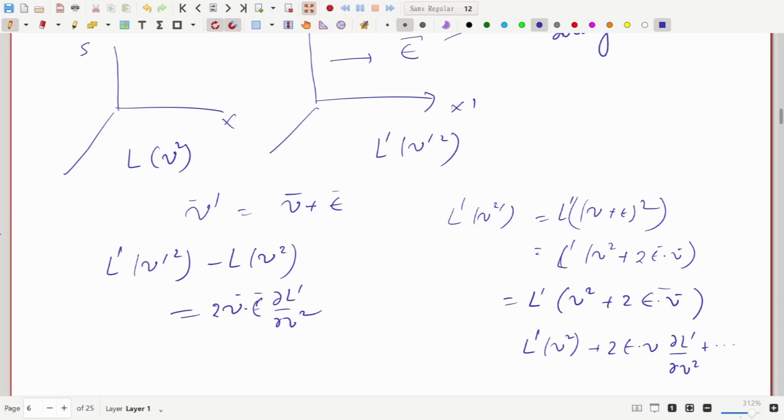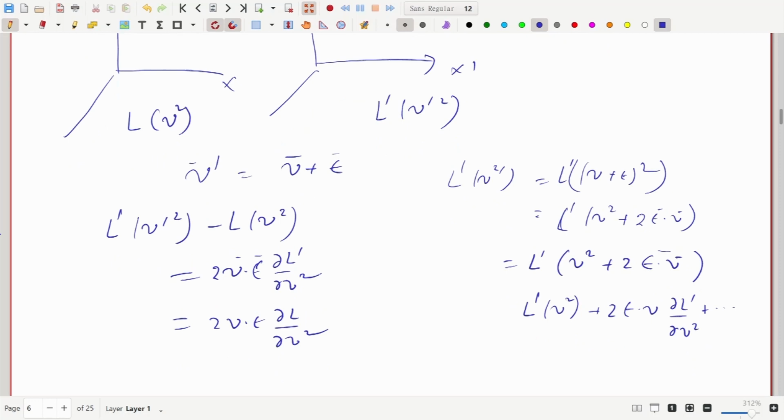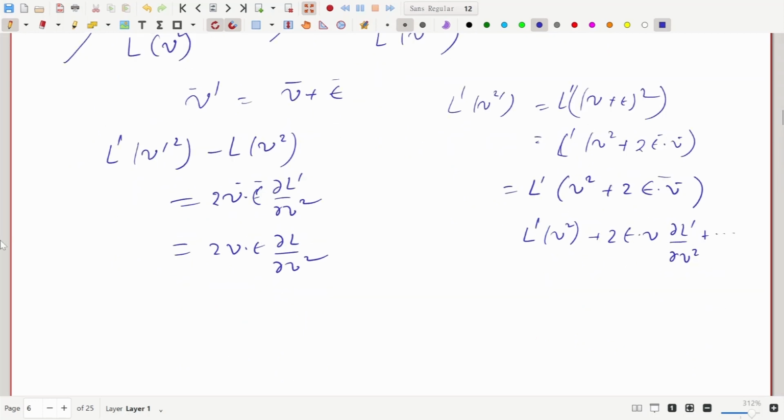So I am now considering the difference of the two Lagrangians in the two different frames, and we found this can be written as 2 v·epsilon times ∂L/∂v², because this term is already multiplied by an infinitesimally small epsilon. So L' can be replaced by L, otherwise the additional terms will be higher order in epsilon.